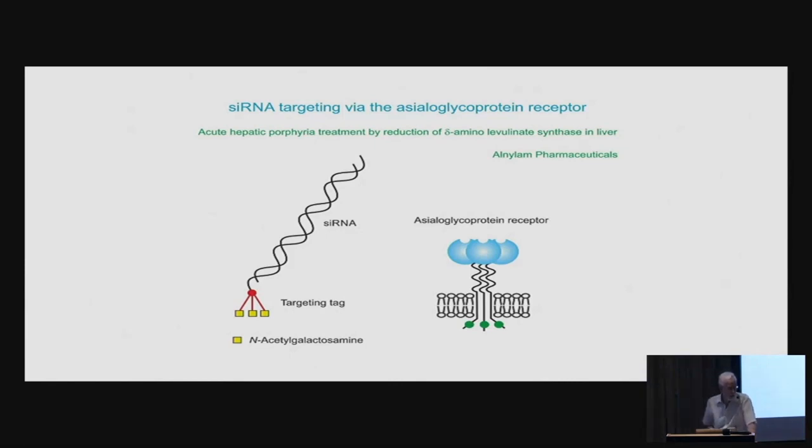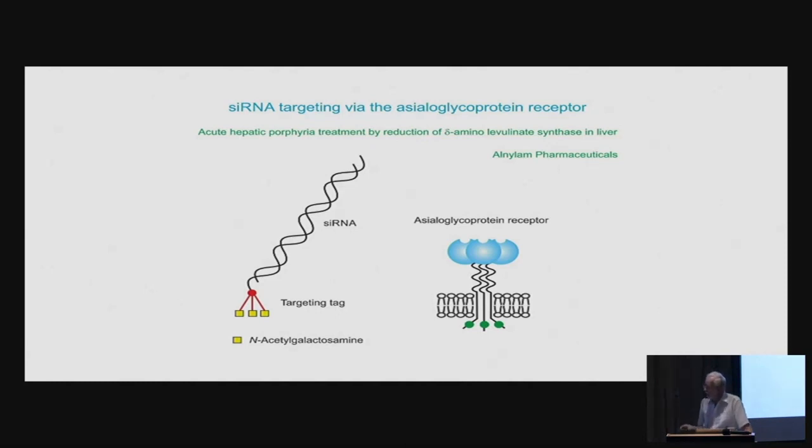So you send an siRNA there and damp down production of your target, and the way they get it to the liver is to put a tag on it, which is a trisaccharide. Well, it's not a trisaccharide. It's 3 N-acetylgalactosamines that will target the asialoglycoprotein receptor on the liver cells.